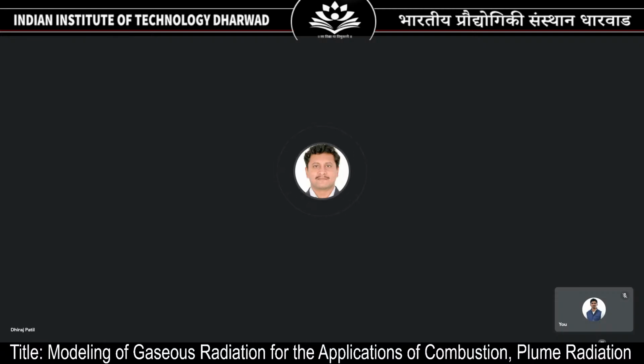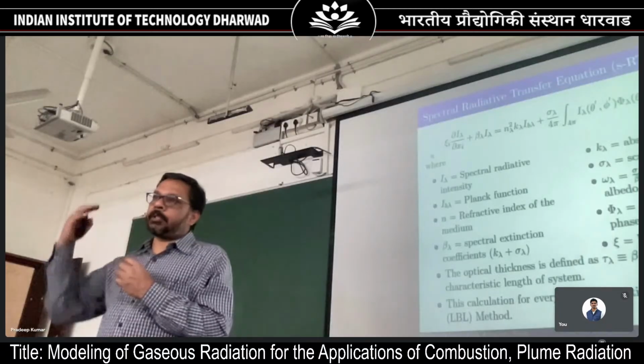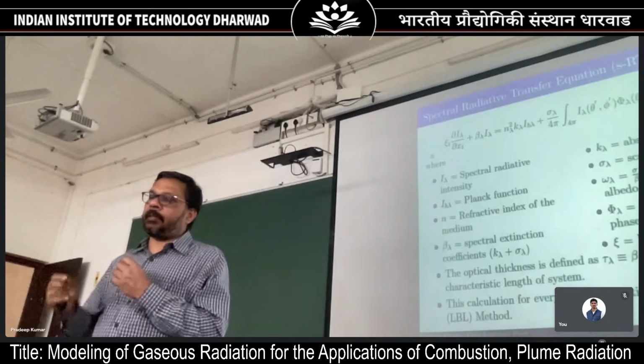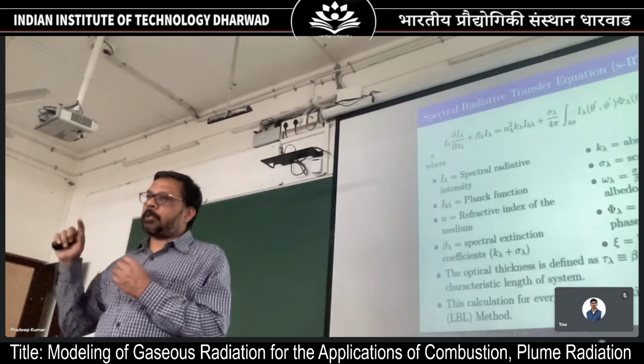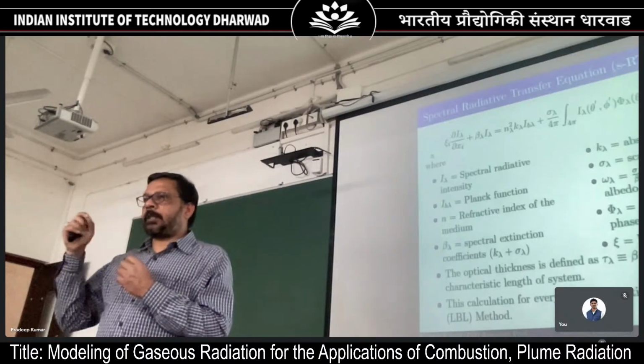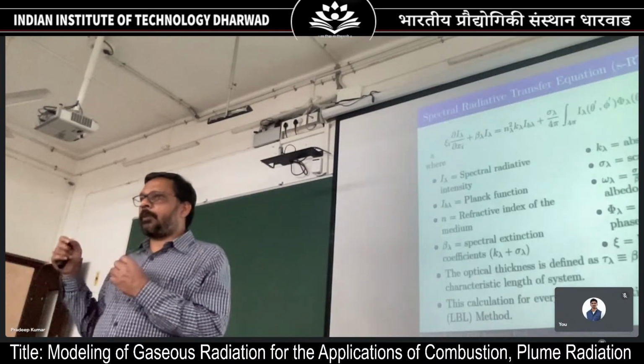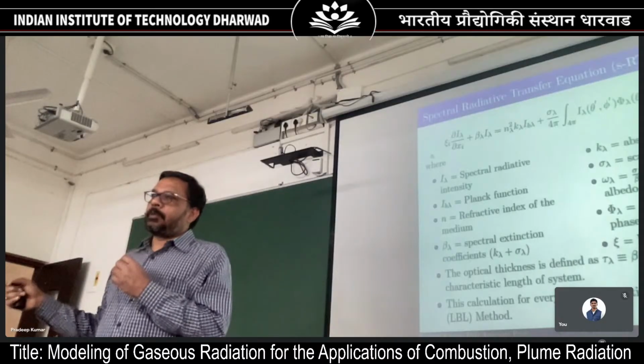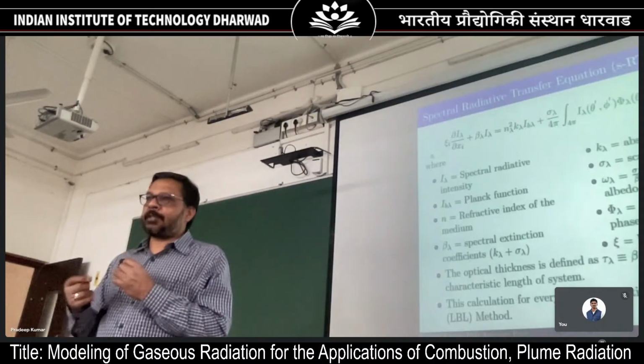Radiation depends on two things. One is the absorption coefficient, which depends upon the participating species and temperature. With increase of temperature, the absorption coefficient keeps decreasing, and emission is basically A times temperature. So A decreases with temperature, but A also depends upon the participating species. So a clear answer does not exist.